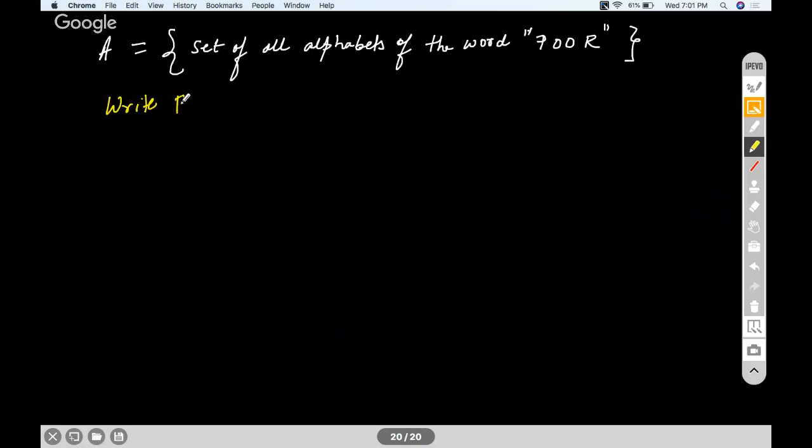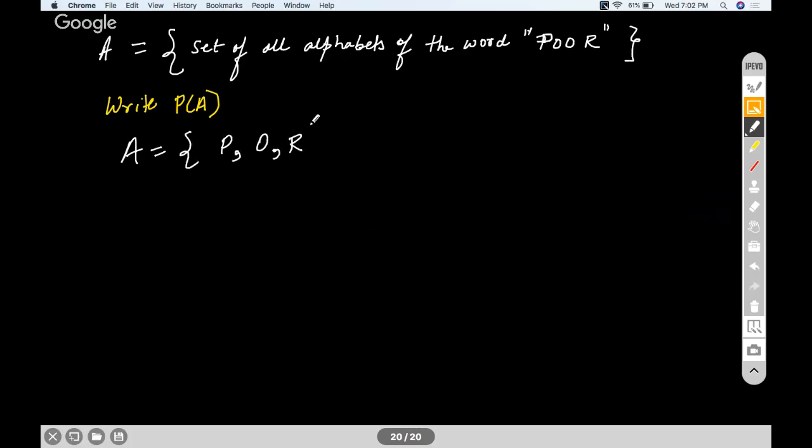Write down the power set of A. Power sets are basically a set of subsets of A. So first write down A. A will be nothing but P, O, R.